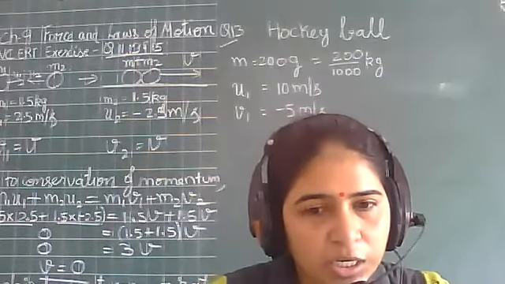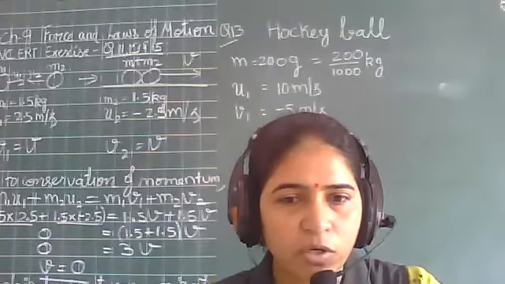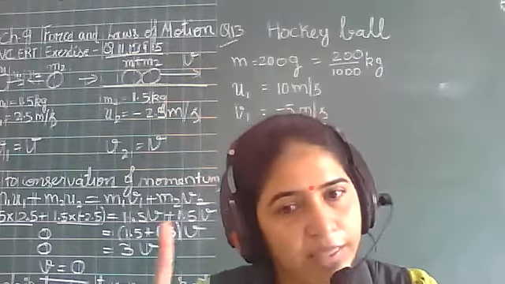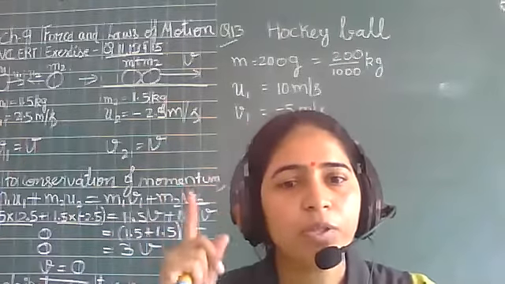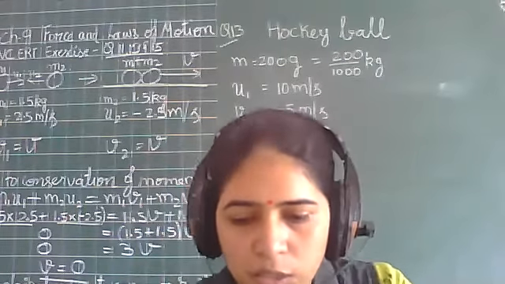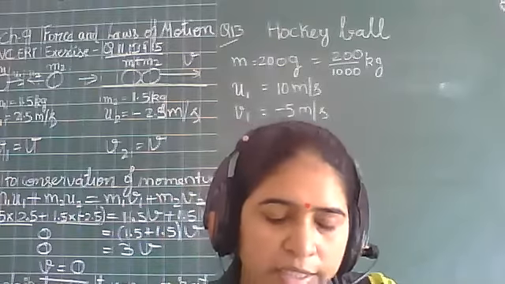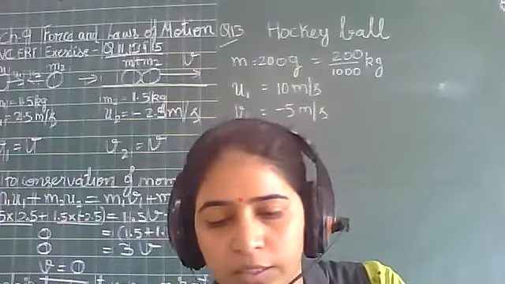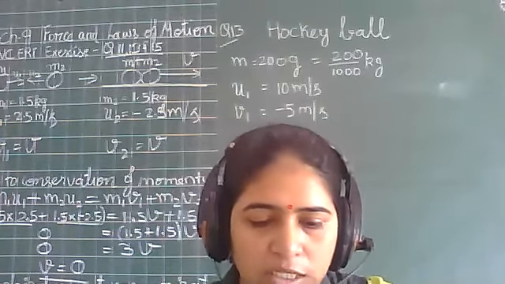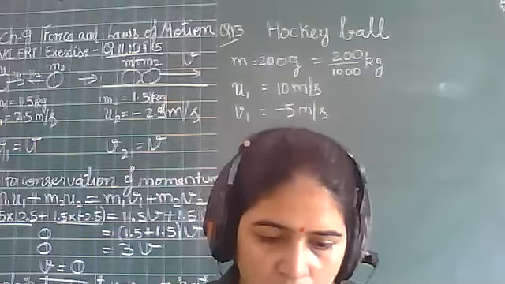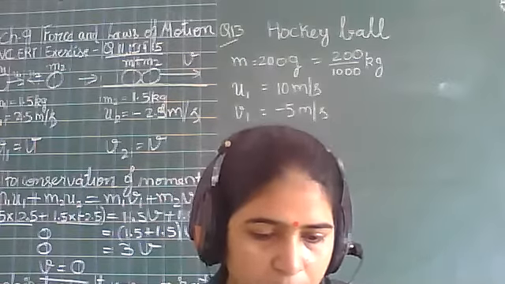Initially the hockey ball is moving with velocity 10 meter per second and then it is hit by a hockey stick so as to return along its original path with a velocity of 5 meter per second.